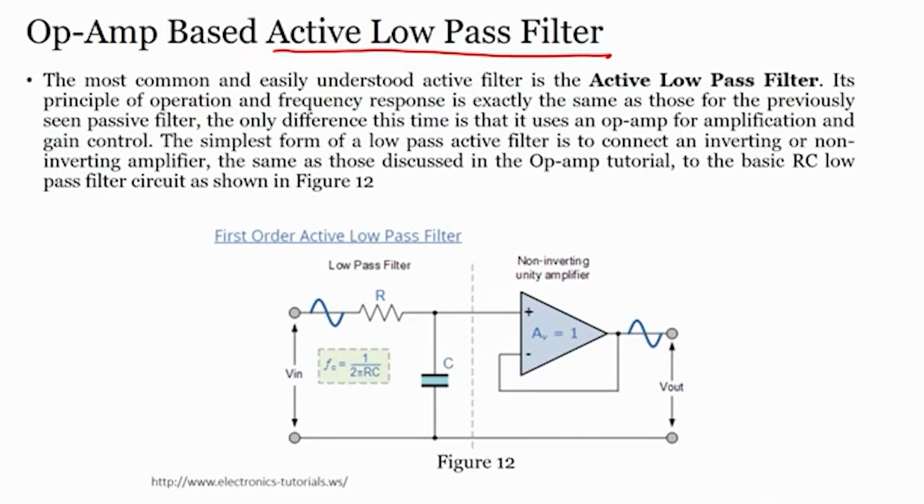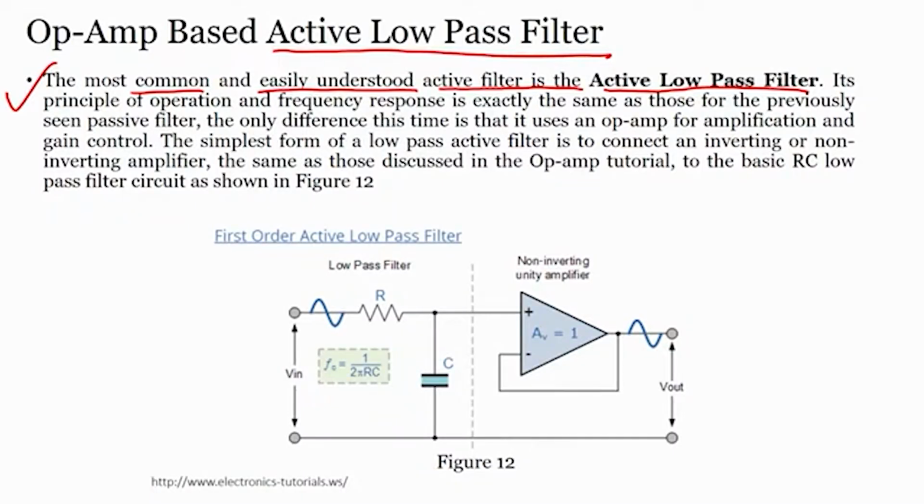The most common and easily understood active filter is the active low pass filter. It is very easy to understand, and it is most commonly used for explaining the low pass filter.